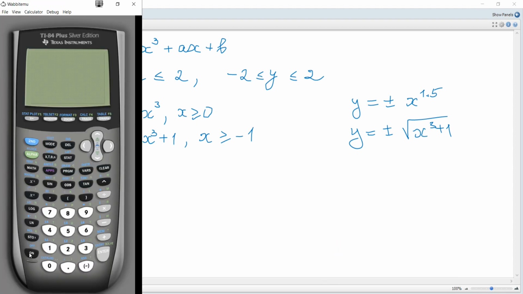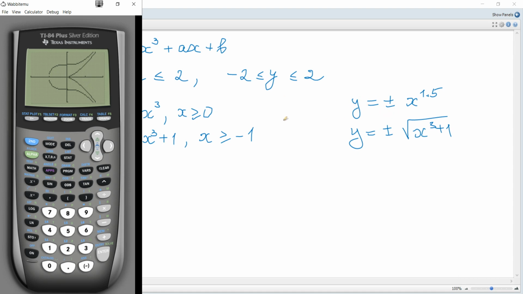We can use a calculator, and we set y is x to the power 1.5 and y is negative x to the power 1.5, and the second curve y is x cubed plus 1 to the power of a half, and also the same with minus. Window x, y are between -2 and 2 as required, and the required graphs look like this.